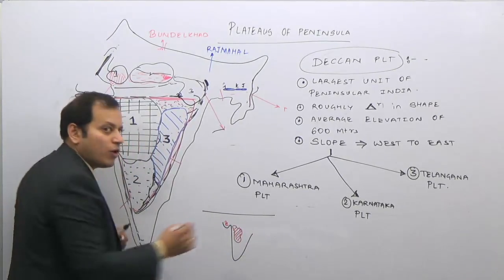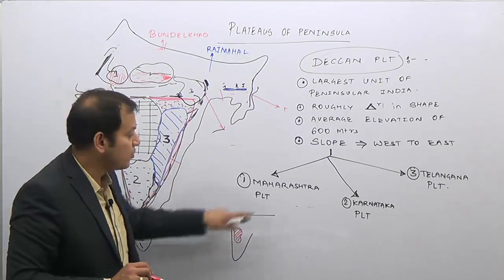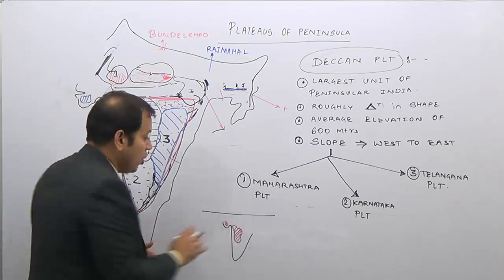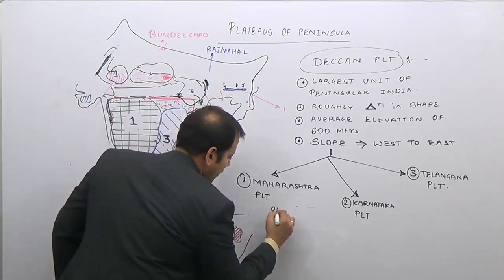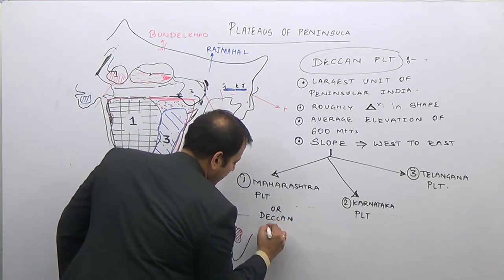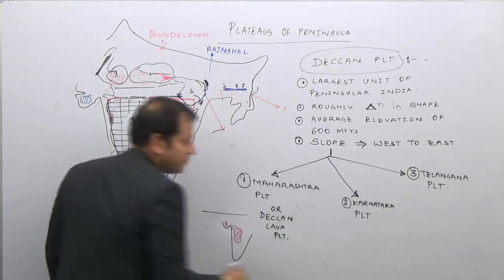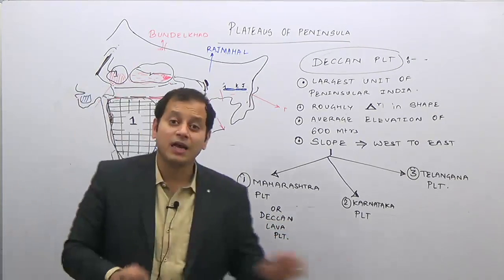This volcanic eruption on the western part of India is now known as the Maharashtra Plateau or the Deccan Lava Plateau.